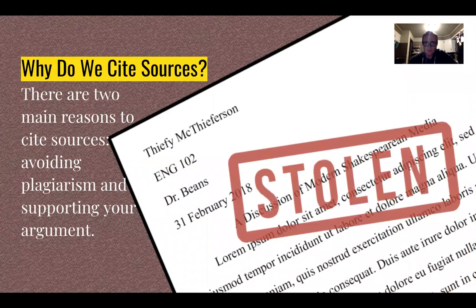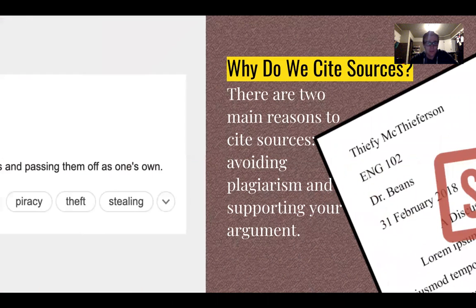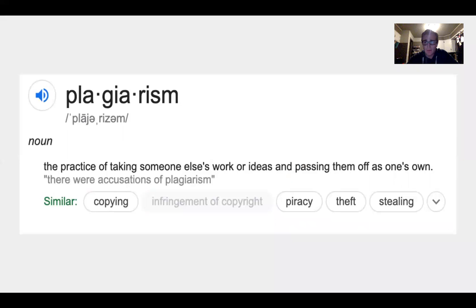So we cite sources for two main reasons, that being avoiding plagiarism and for supporting our argument. Citing our sources makes us better writers. It's a good practice to do. Not only does it make us better writers, but plagiarism is essentially stealing.